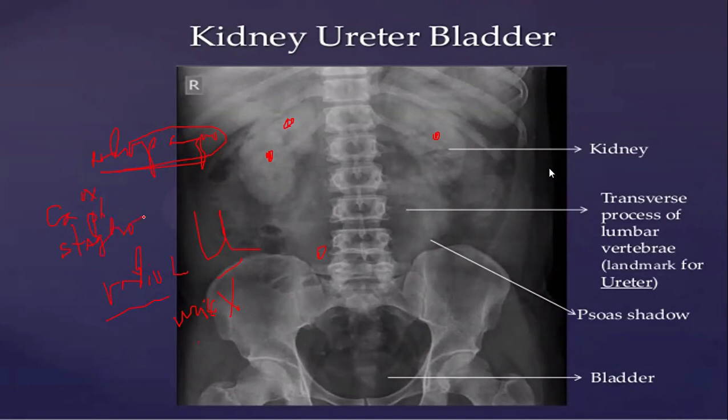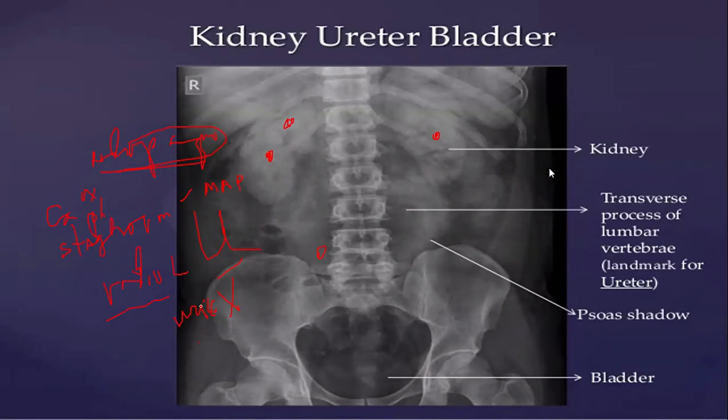What is the other term for staghorn? It is a byproduct of ammonium, the MAP, magnesium ammonium phosphate stones. They are UTI stones, developing from frequent urinary tract infection, like Proteus mirabilis.